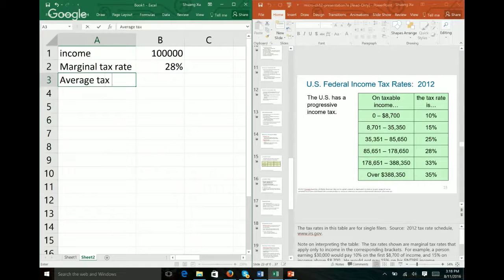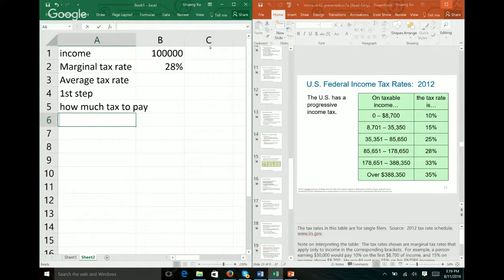Now, if it's asking for your average tax rate, now we've got something to do. The first step is to find out how much tax you need to pay. To do that, we take your income and go through each bracket. For your first $8,700, you pay a 10% rate.